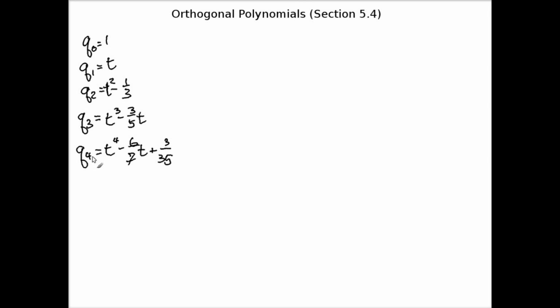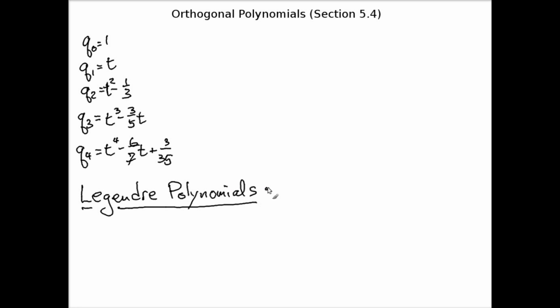Okay, so here are the first few Q's that I just calculated. And now we get to a very important family of polynomials called Legendre Polynomials. And these are essentially the Q's.